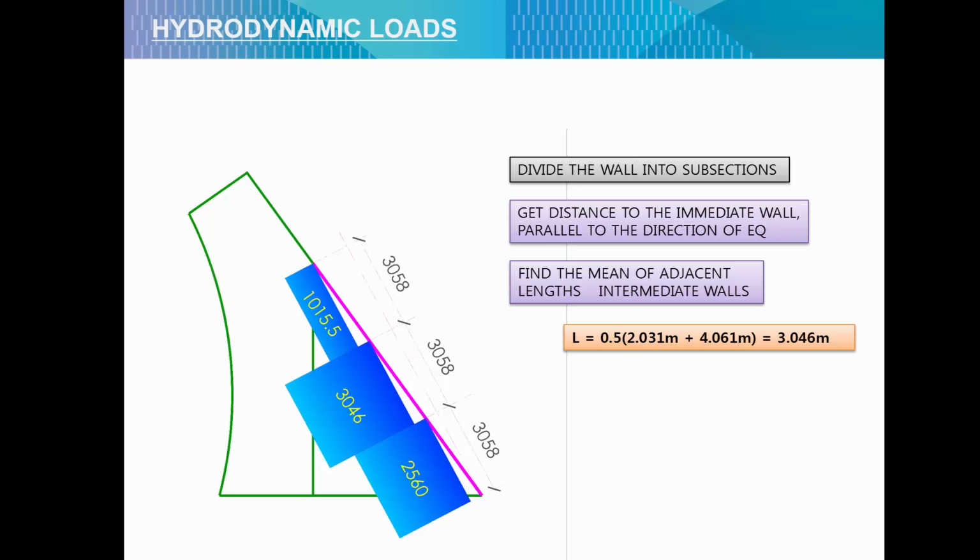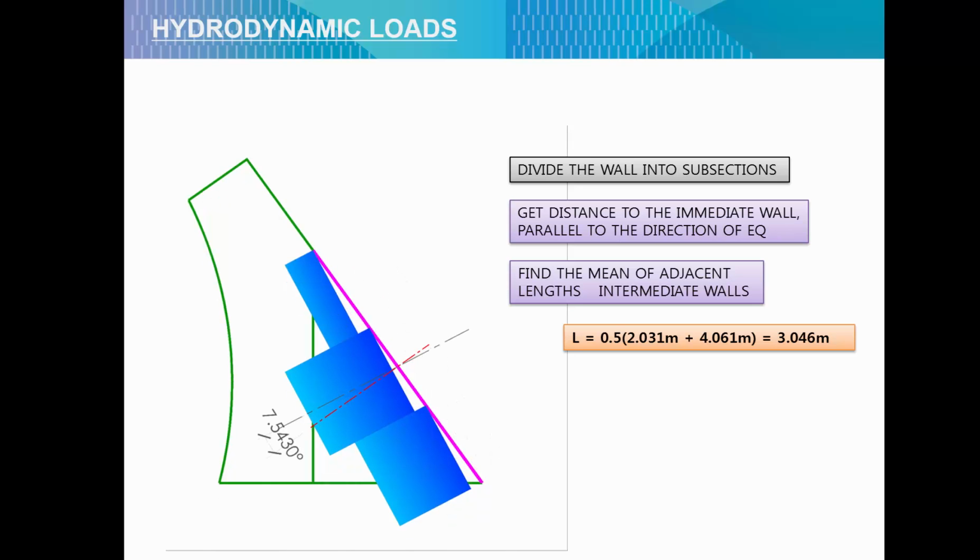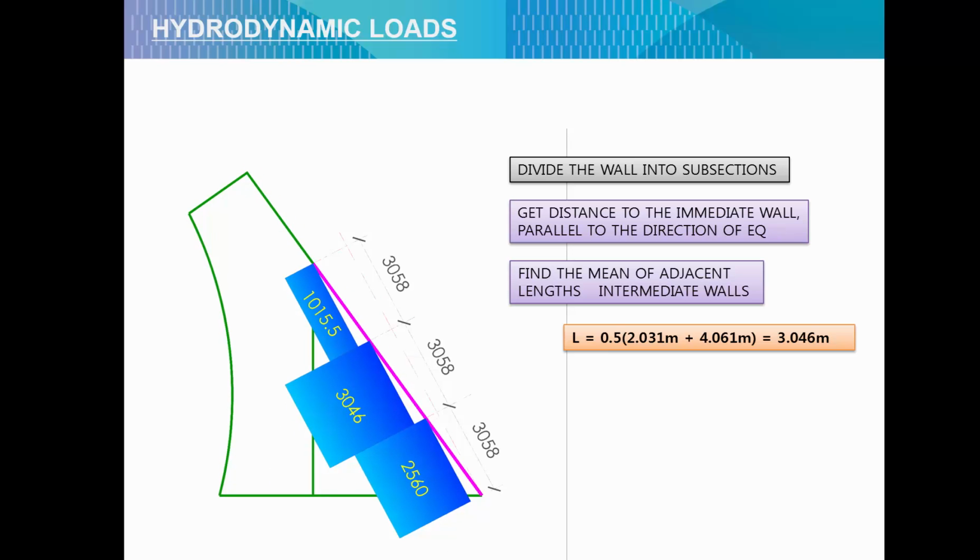Then after getting these average distances, since the direction of the seismic force is not perpendicular to the wall that we have previously chosen, we need to first determine the angle between the line perpendicular to the wall and the direction of the excitation angle.